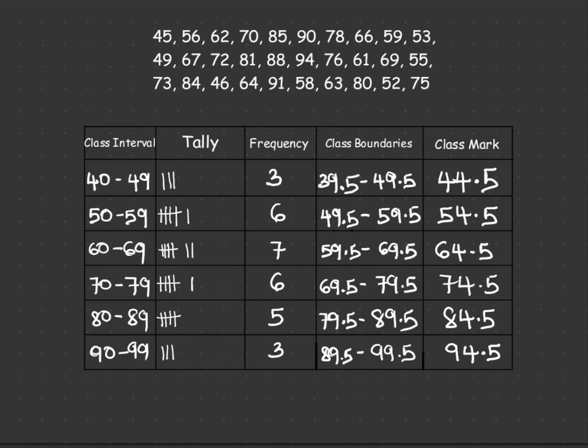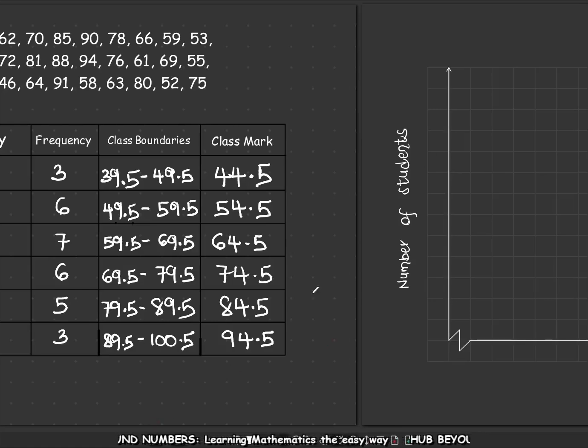The data we want to use shows the marks of an examination conducted in a class. Our frequency is just going to be the number of students, so I'll write the number of students on the y-axis, over here.